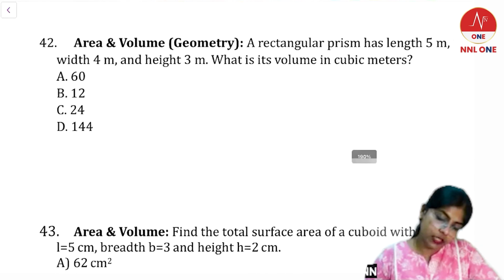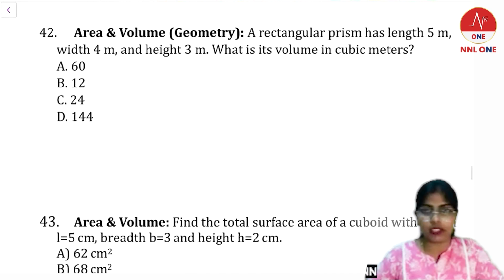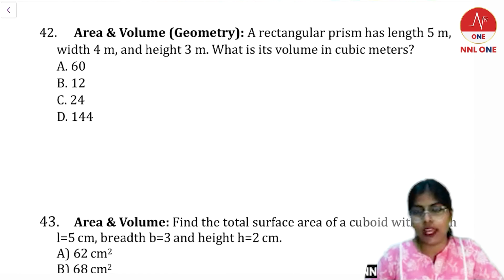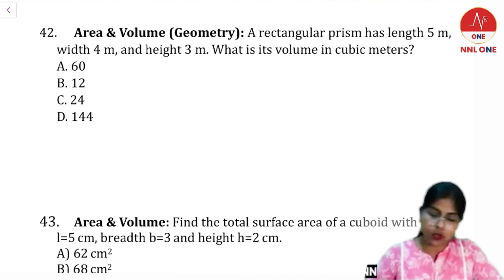A rectangular prism has length 5 meter, width 4 meter and height 3 meter. What is the volume in cubic meters? They are asking us to find out the volume and they have given all the values in the question itself. The only thing is, when you know the formula, you can apply it, substitute the values and solve the answers. What is a rectangular prism?